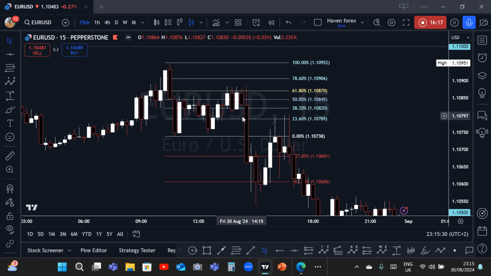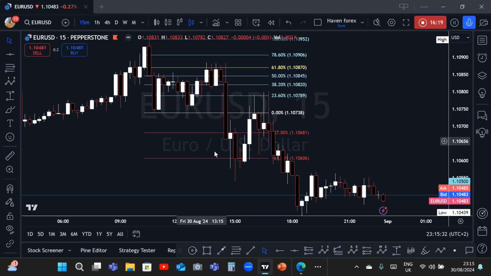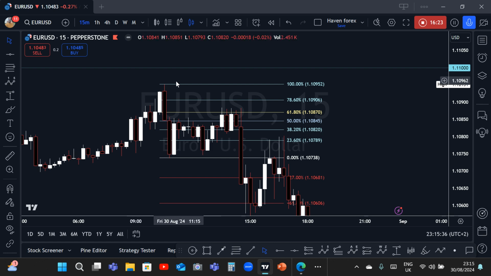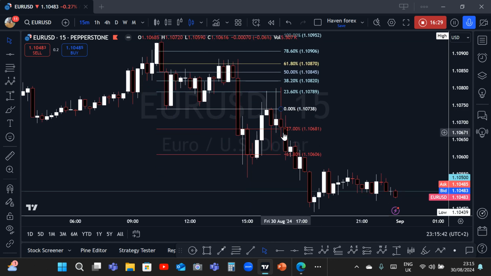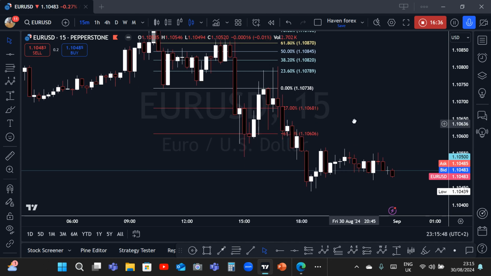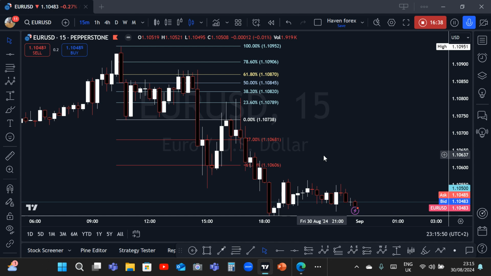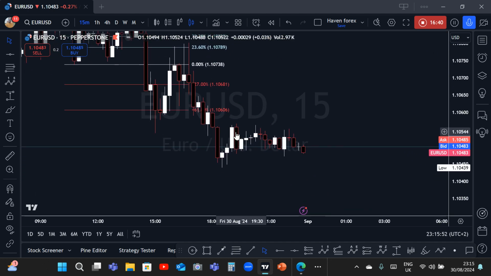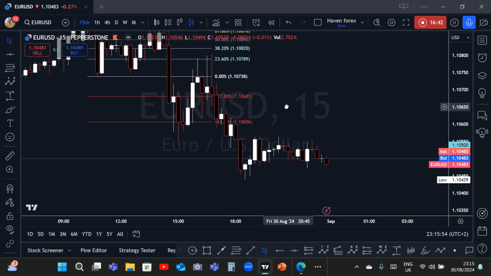One moment, guys, I don't know why this thing is acting up. As soon as you see a rejection like this, plan your entry. Your stop loss above this high, above this structure, then your take profit could be negative 27.0, or negative 61.8. All right, so it's very, very easy to trade.